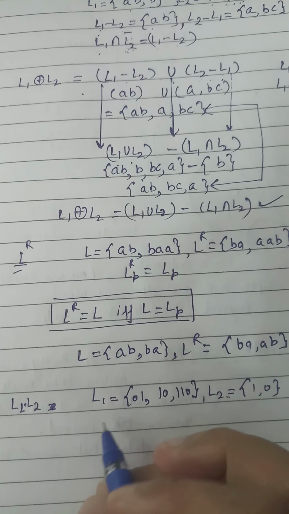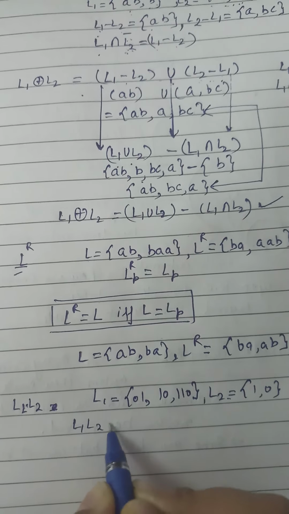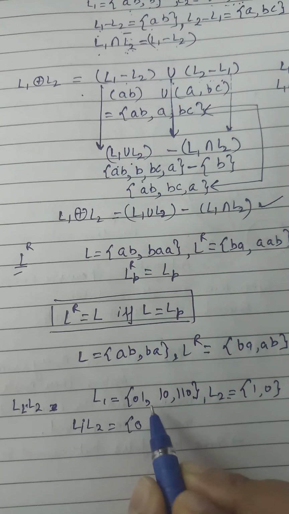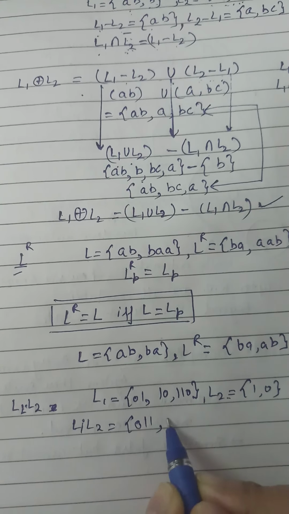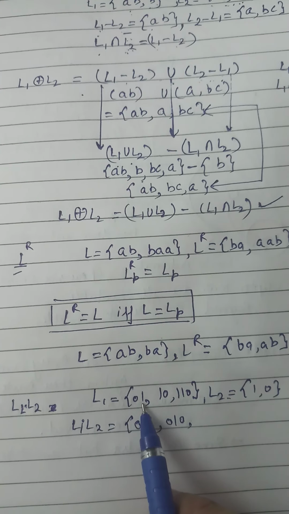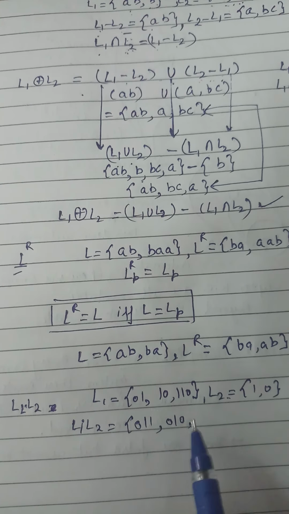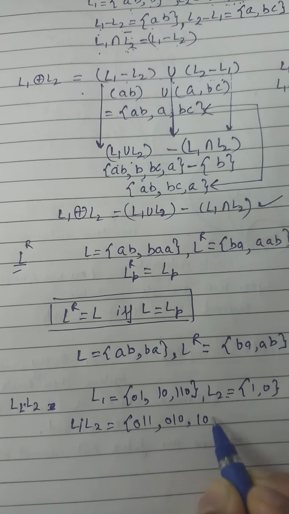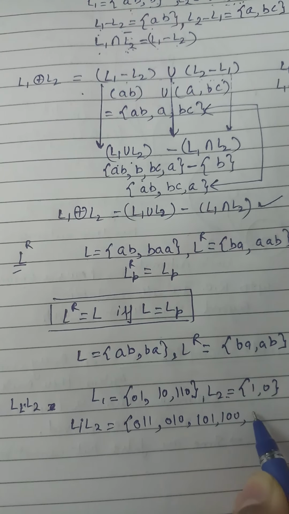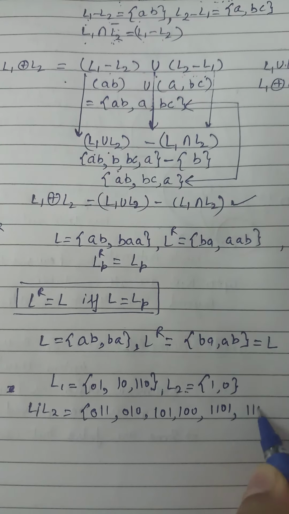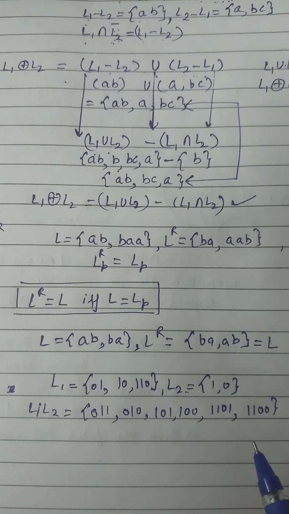Then what will we get in L1 dot L2? First we concatenate 1, then we concatenate 0. In the same way we do for each string.